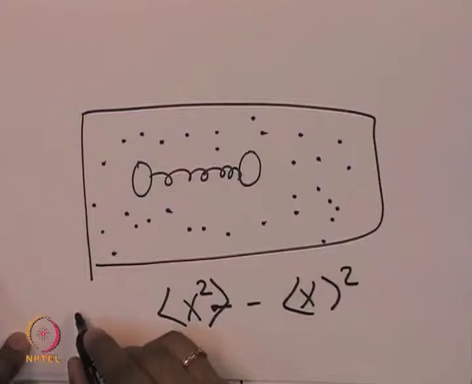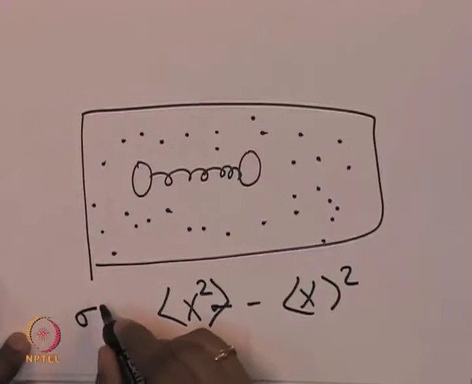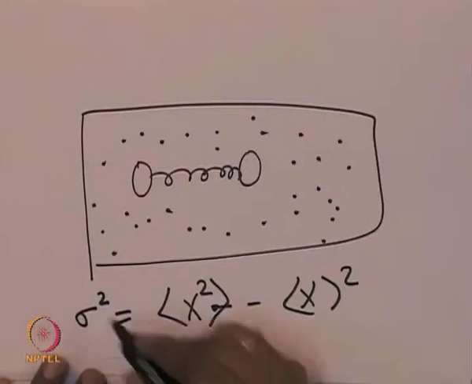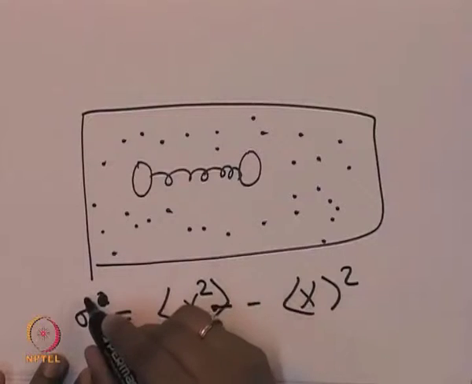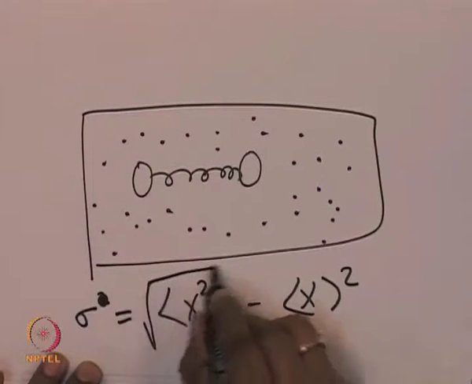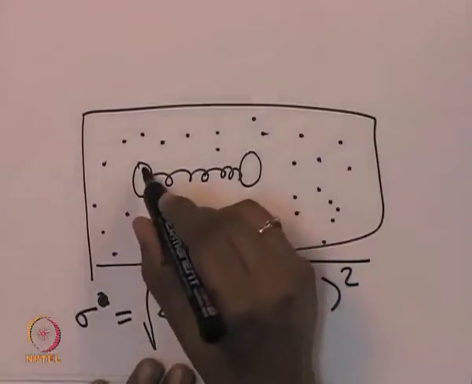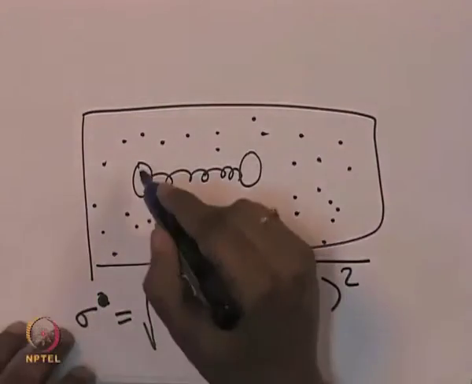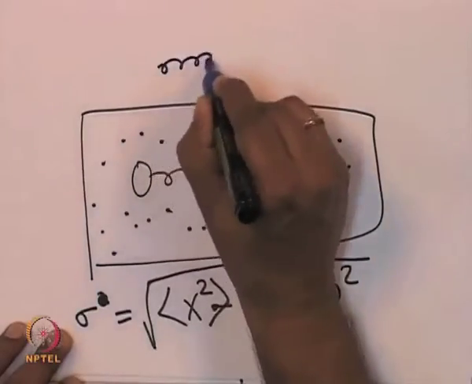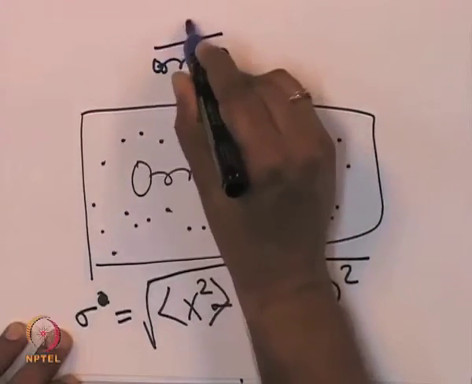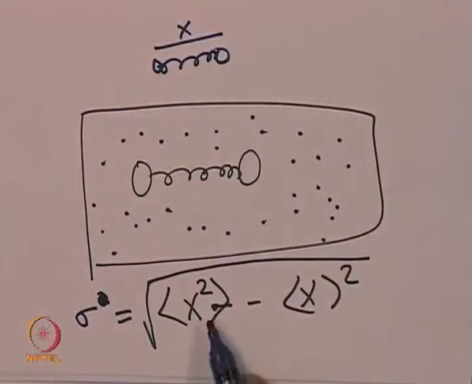This quantity is sigma square, which is the variance, and sigma, the square root of this, is the standard deviation. So, if x is the distance from here to here, and we calculate x square average minus x average square, this will tell you how much this protein will fluctuate.